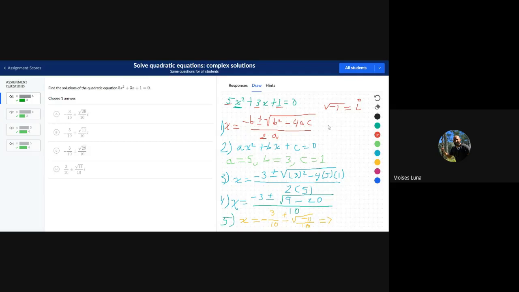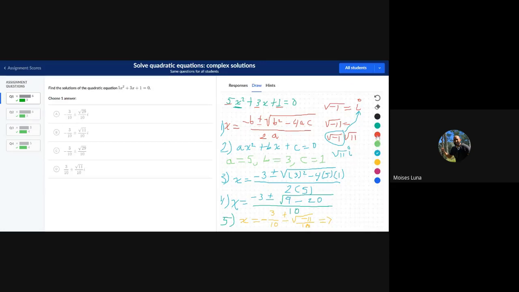Whenever you have the square root of any negative number, this equals the square root of -1 times the square root of 11. And so you just write the square root of 11, and you write the i outside.